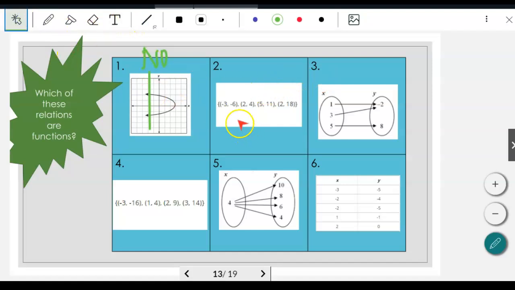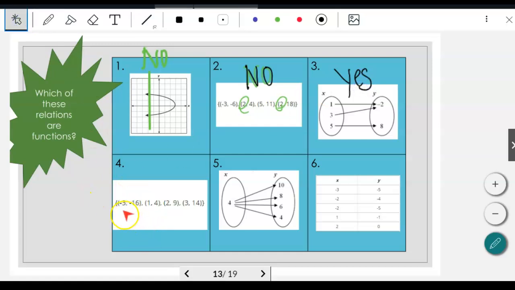You got ordered pairs, -3, 2, 5, 2. The 2 repeats. So that's not a function. So that's no. I need to change that pen color. That's not coming out very well. So here, all of the x's just have one line coming from it. So yes, that is a function.